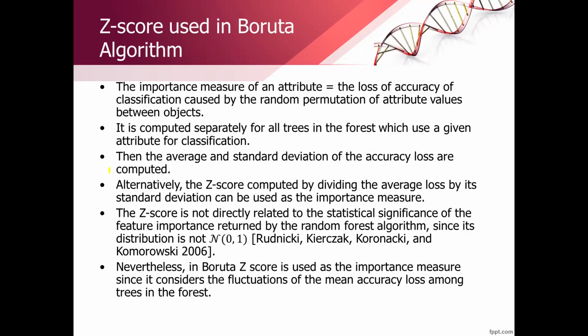So the importance measure depends on the loss of accuracy, and it's computed separately for all trees and then averaged, and the score is computed from that. And as I said, these are the authors of the Boruta algorithm.